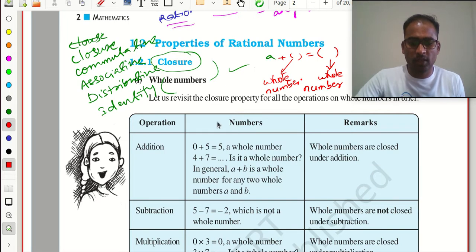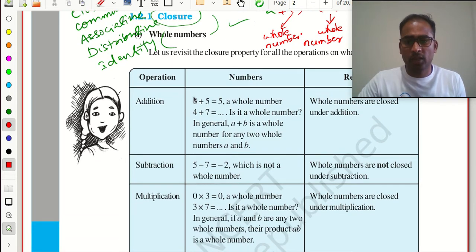Suppose, observe here, initially I have 0, and I add 5, 0 plus 5, so I get 5, and 5 is a whole number only. And suppose I have the number 4 and I add 7 to this 4, then I get 11, which is also a whole number.